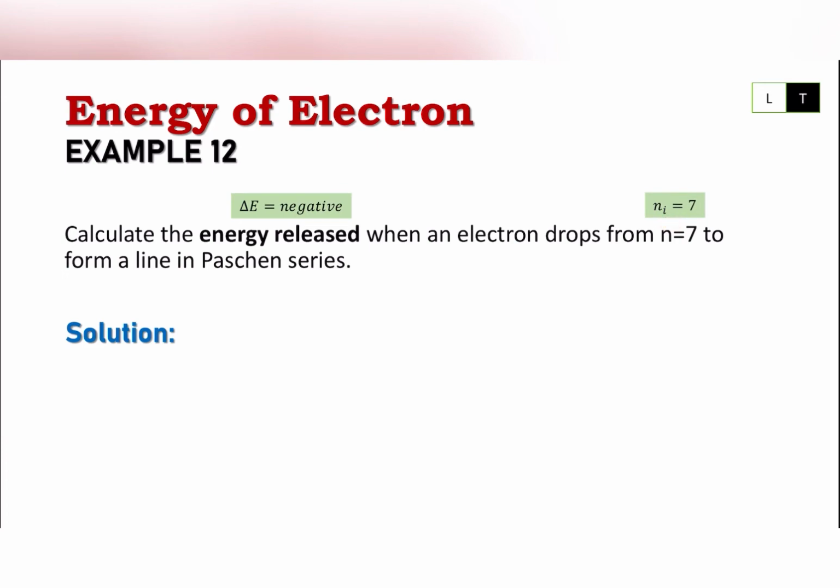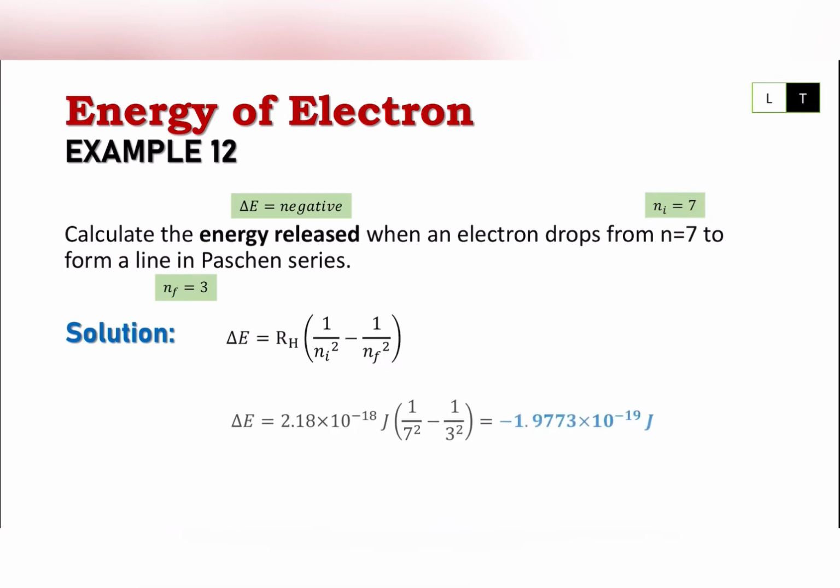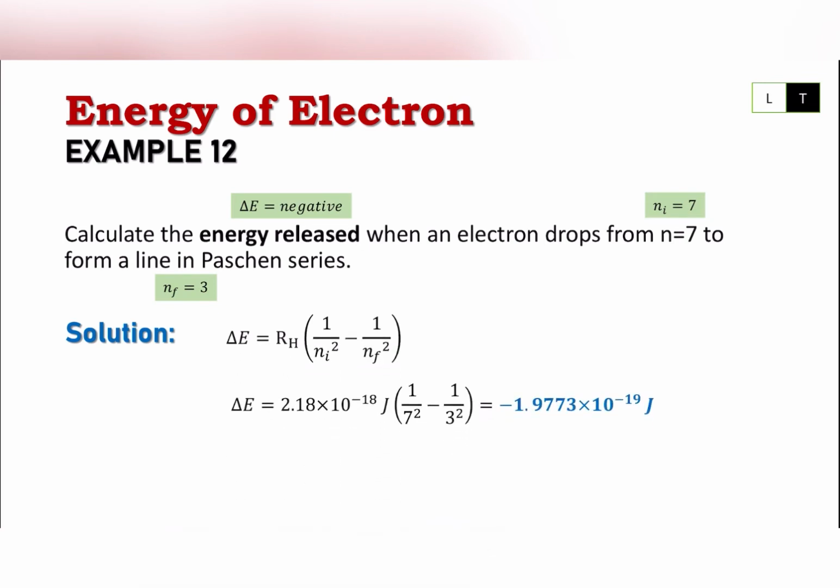To form a line in the Paschen series, what is your n final? I've taught you before that for the Paschen series, the ground state is always n equals 3, so n final is 3. Now we have enough information to put into this formula. Insert the values correctly and you will have negative 1.9773 exponent negative 19 joule. Please remember to put the unit for the energy difference, which is joules.